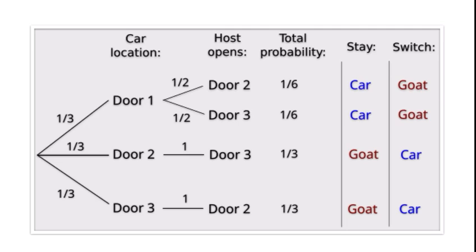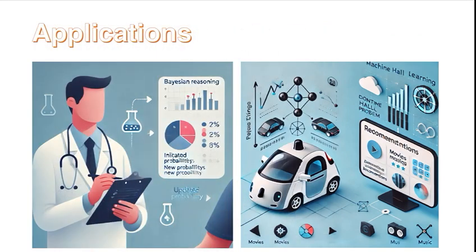So sometimes changing an option may get better results. In fact, many things in our lives are related to probability theory. For example, healthcare, machine learning, or some recommendation systems.